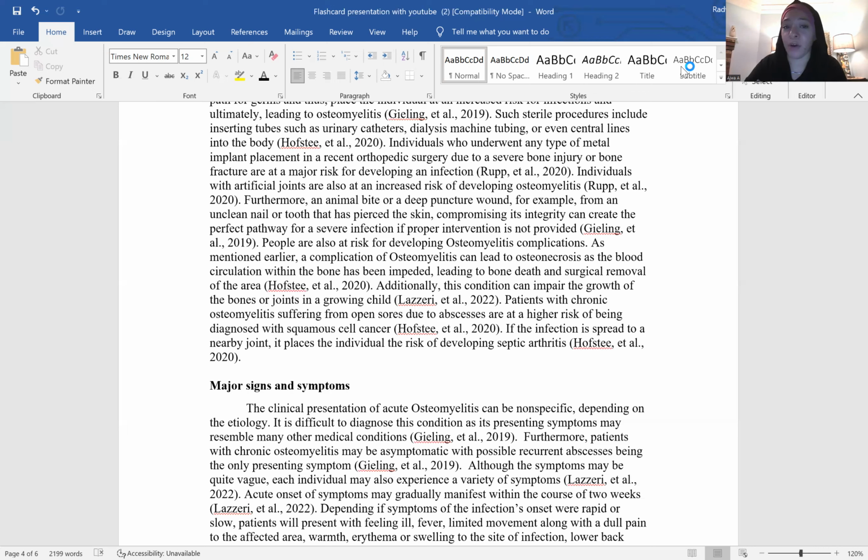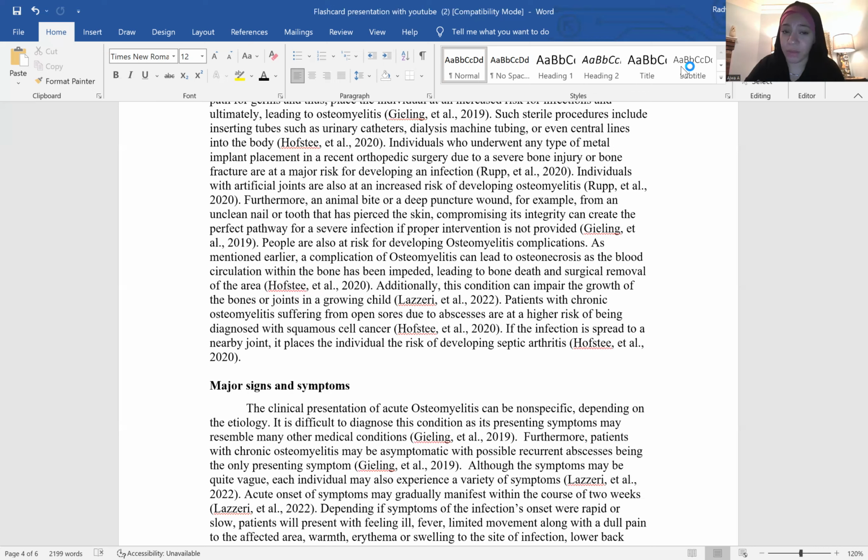People are also at risk for developing osteomyelitis complications. As mentioned earlier, a complication of osteomyelitis can lead to osteonecrosis, as the blood circulation within the bone has been impeded, leading to bone death and surgical removal of the area. Additionally, this condition can impair the growth of the bones or joints in a growing child.